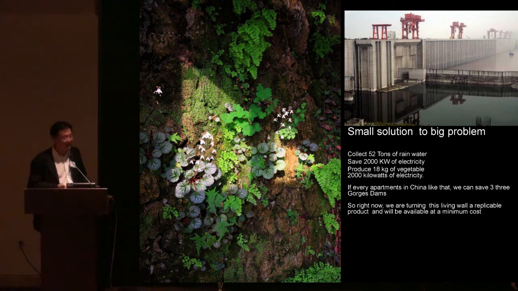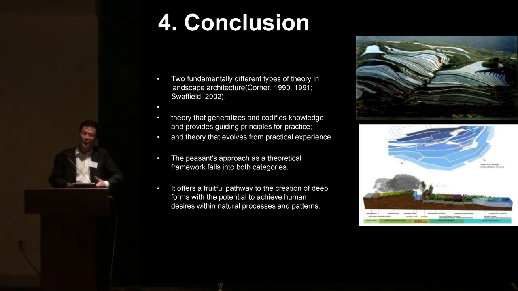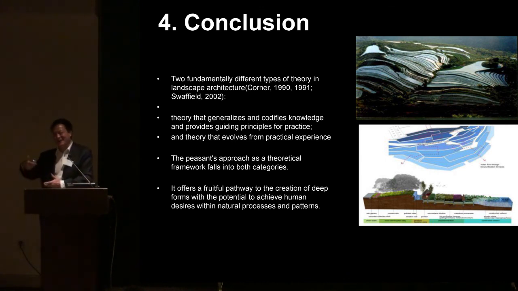So that's the conclusion. The conclusion is that we have two fundamentally different types of theory in landscape architecture. One is codifying what's functional, what works. The other is based on practice. This morning we said what practice can tell us about what works.